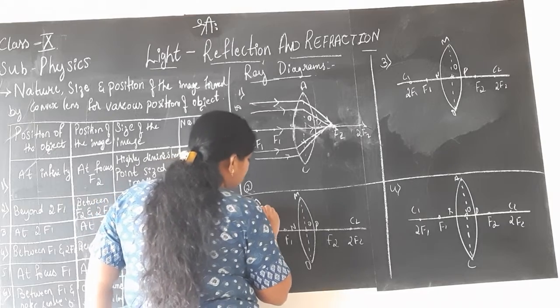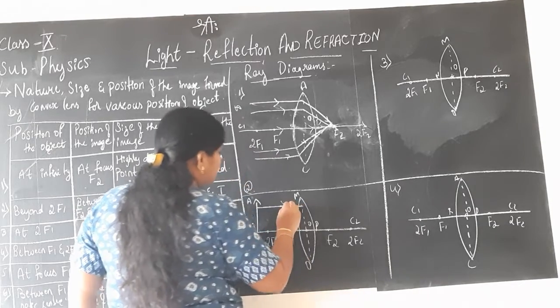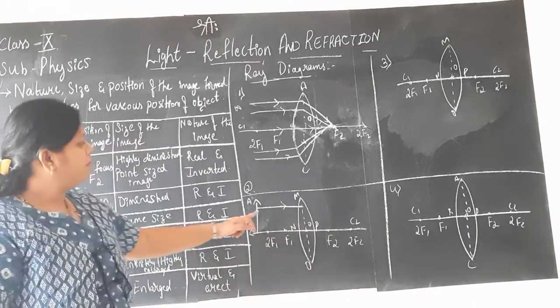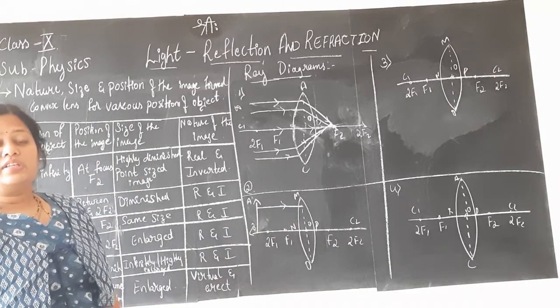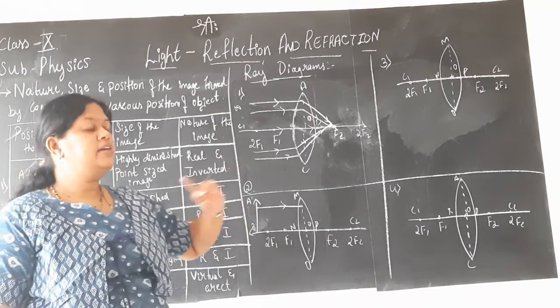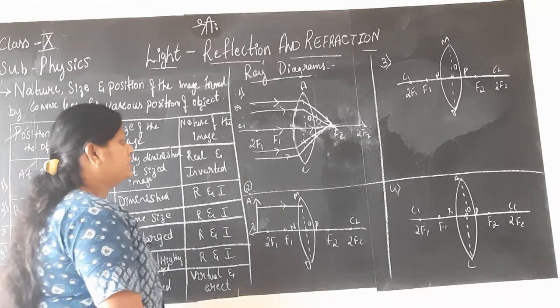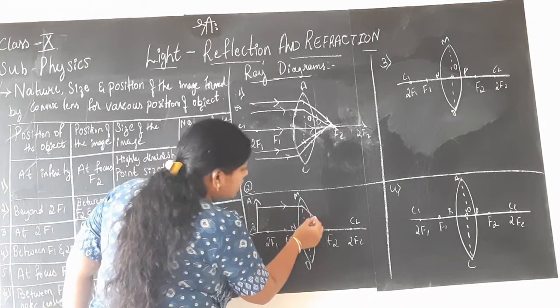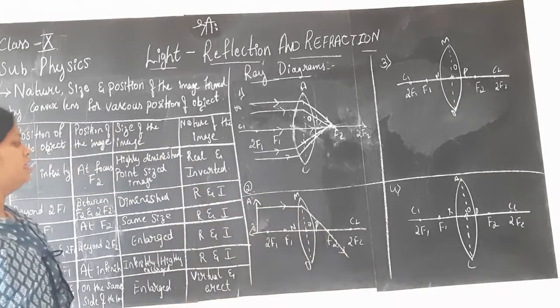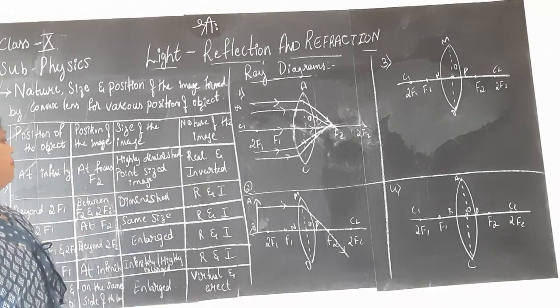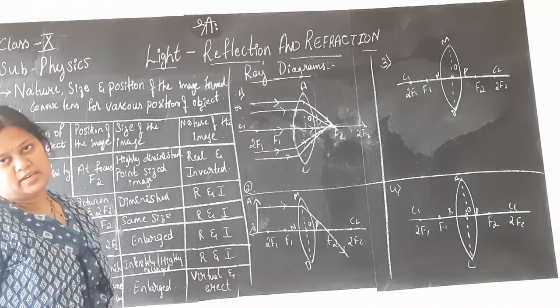So let us consider the ray of light which is passing parallel to the principal axis. We know the condition that a ray of light passing parallel to the principal axis, after refraction will pass through the principal focus of the lens.